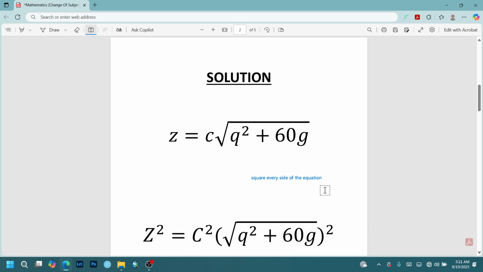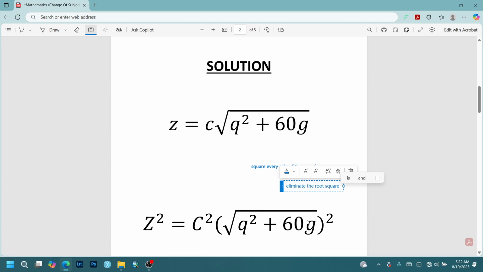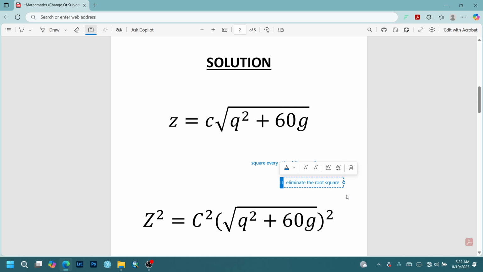So we square both sides, and we do this to eliminate the root square. So this root square here, we want to eliminate it, okay? So that's why we square both sides of the equation.